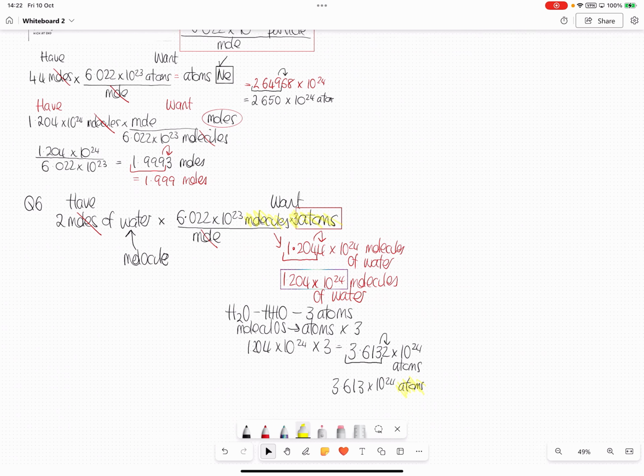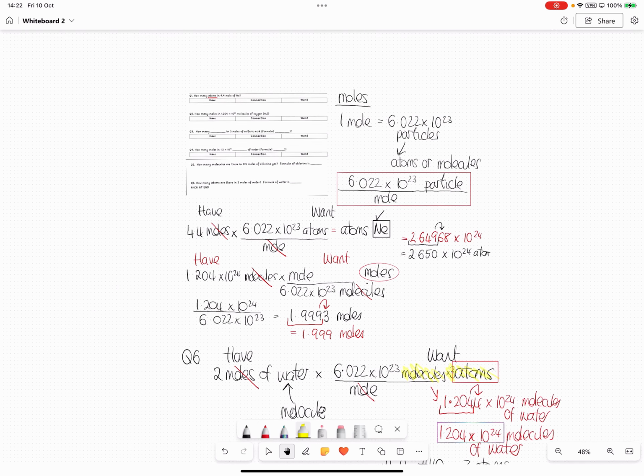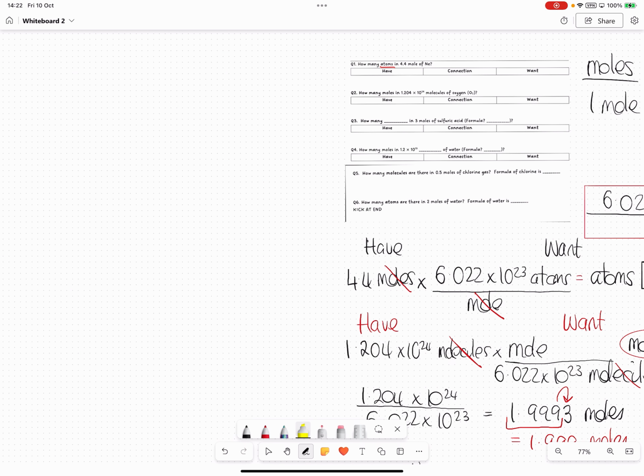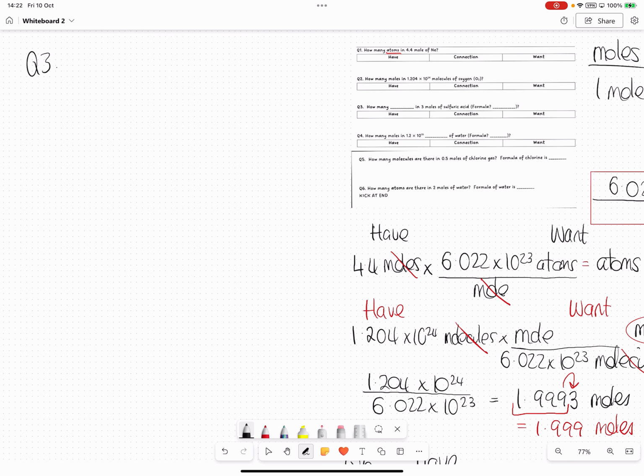Okay, I'm going to scoot back up and we'll try question 3 and question 4 just to see them. In question 3, it says how many something in 3 moles of sulfuric acid. So what we have is 3 moles. It wants you to work out sulfuric acid, so you should know the formula. It's H2SO4.